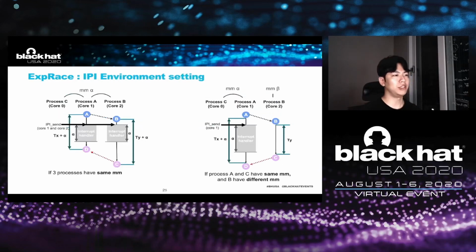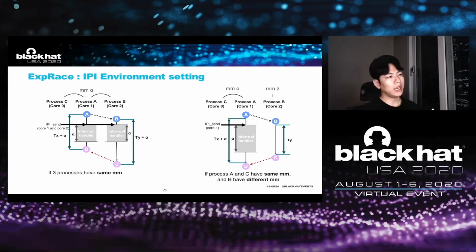To use TLB shootdown in extending the time window, an additional process is required to send IPI to the target core. In this figure, the process C is the one sending IPI, and the process A is the one that contains the time window we want to extend.